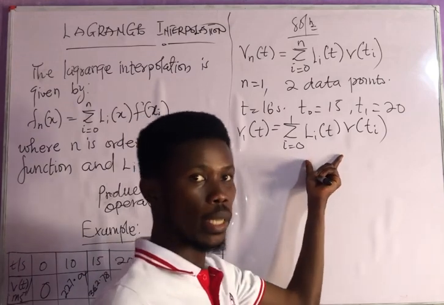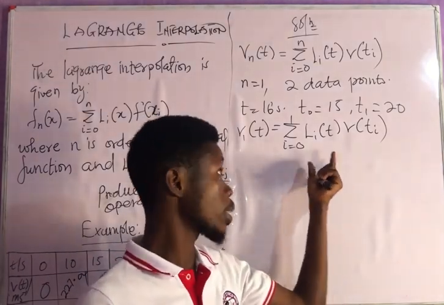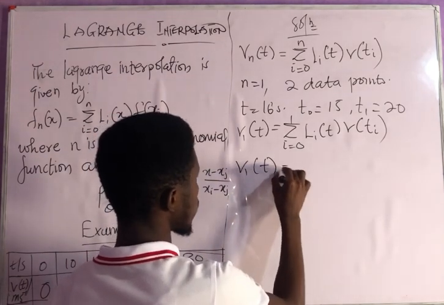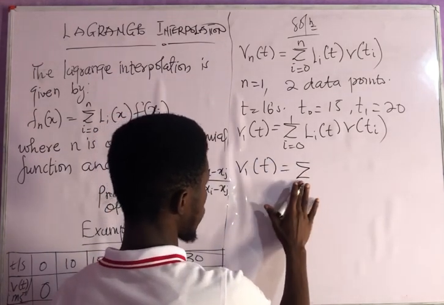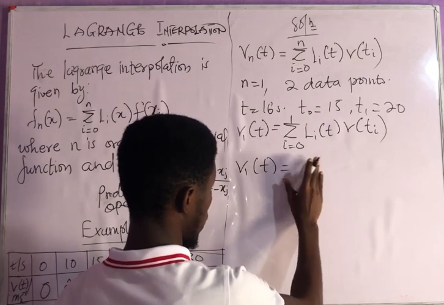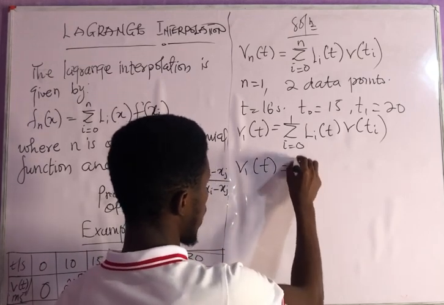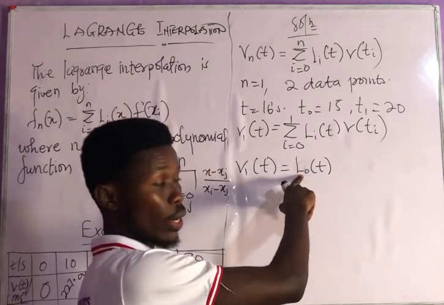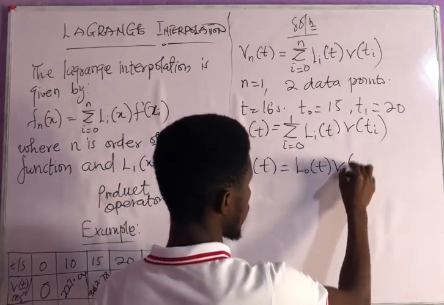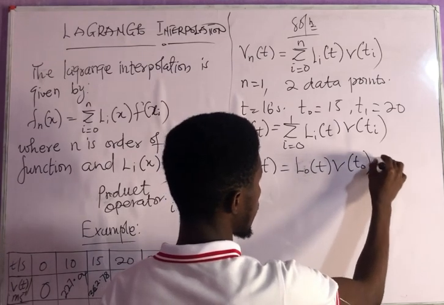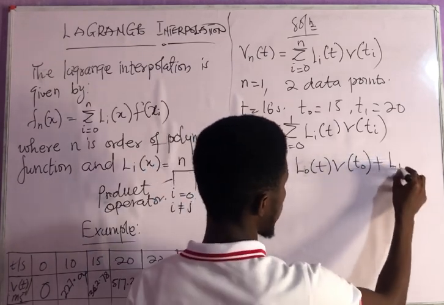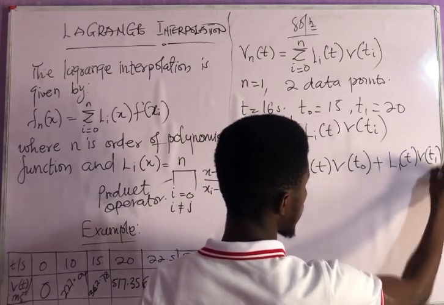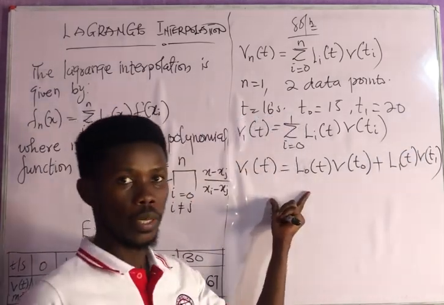But this is a summation sign, so if you have a summation sign starting from 0 to 1, how do you write it? You are going to have L0 of t, V of t0, plus L1 of t, V of t1. So this becomes our formula, okay?